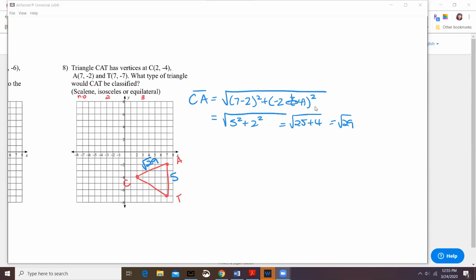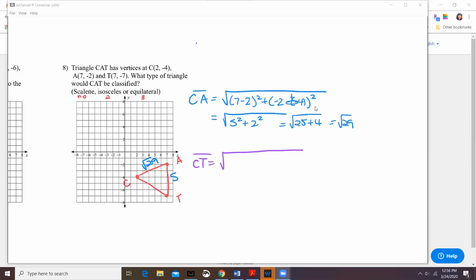So now let's do CT. Actually, let me change colors. My colors merge. Okay, so CT, I don't know what in the world I just wrote there.